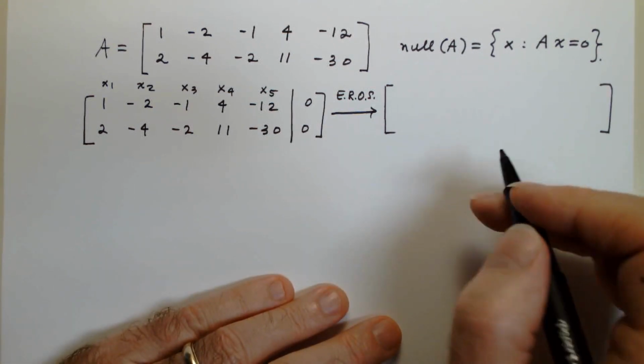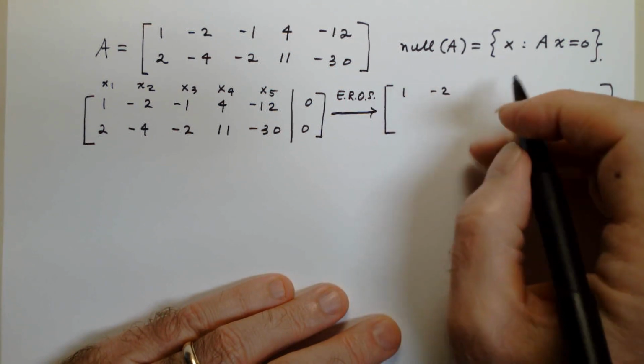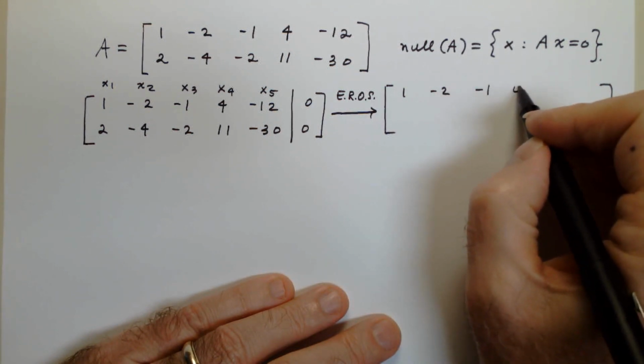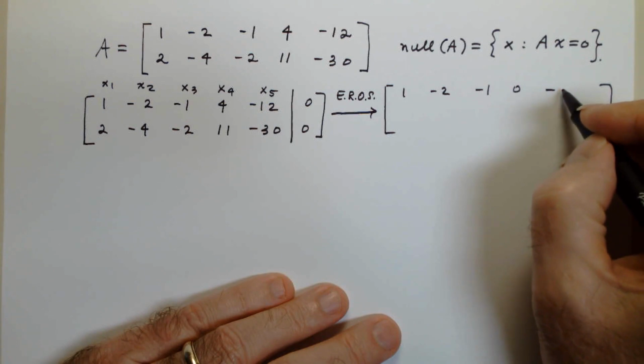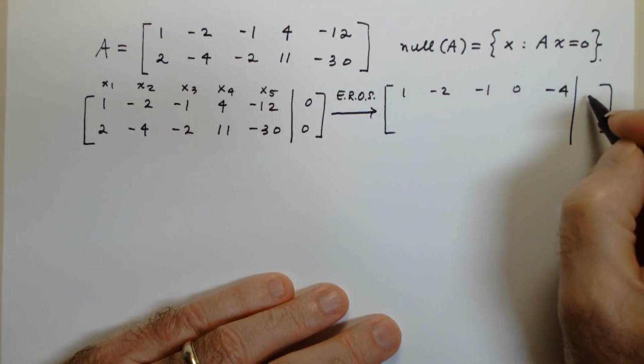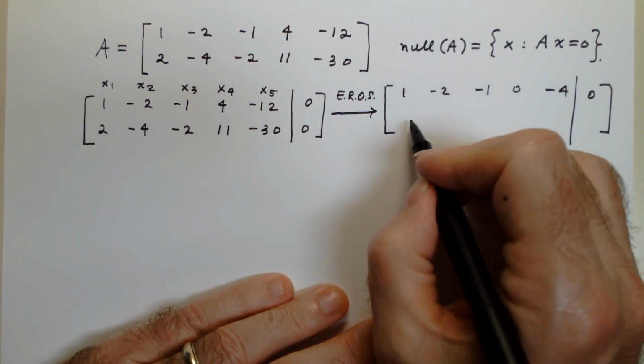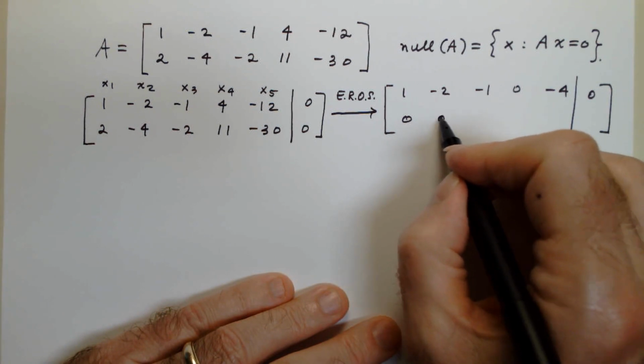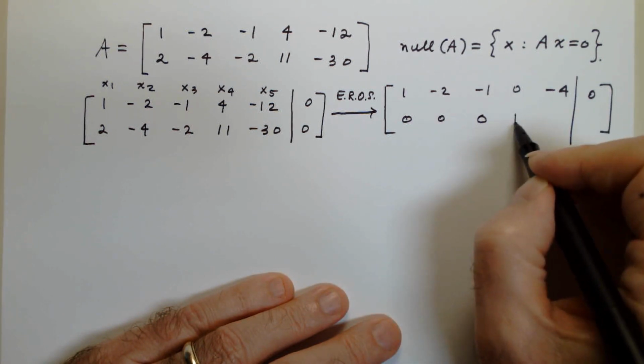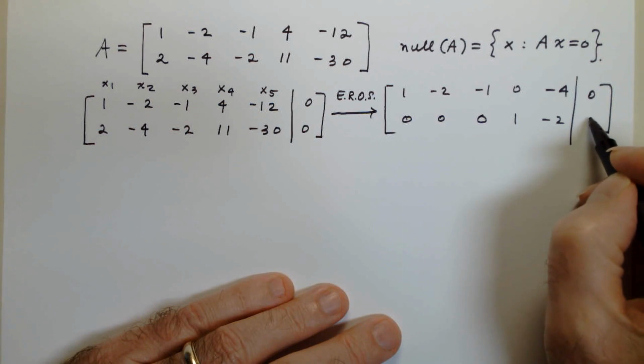We're going to have 1, negative 2, negative 1, 0, negative 4, 0. That's the first row. And then the second row becomes 0, 0, 0, 1, negative 2, and 0.